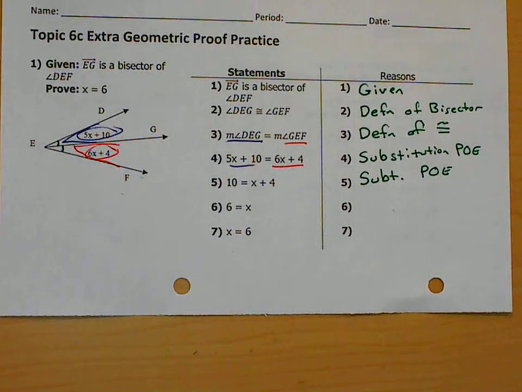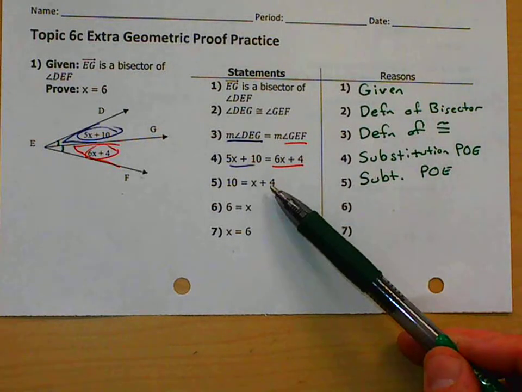Now some people might have gotten this and jumped right to this. It's a little sloppy when it comes to a proof, but Charlie, I totally agree with you. It's not necessarily obvious steps, but I do think these steps are justified. So we would want to use those. So we use the subtraction property of equality.